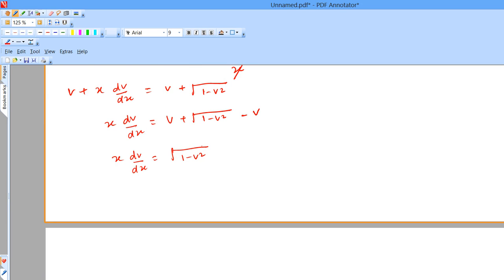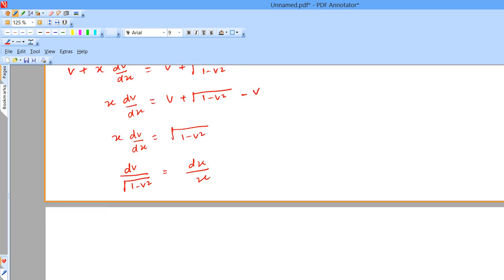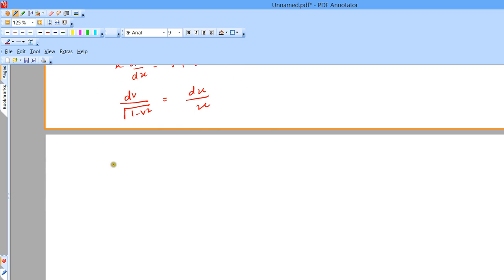Next we can separate the variables. We get dv over the square root of 1 minus v squared equal to dx over x, and then integrate both sides. Integrate 1 over the square root of 1 minus v squared dv equal to integrate 1 over x dx.